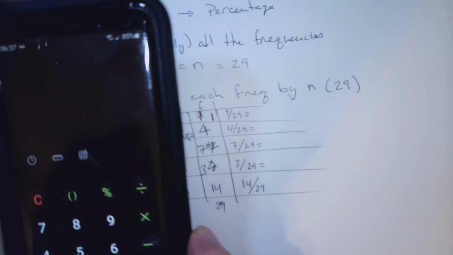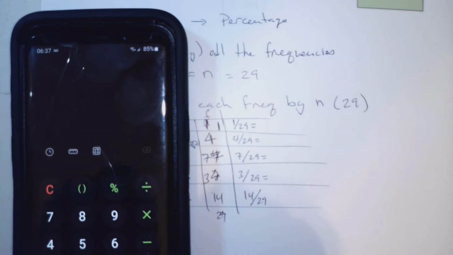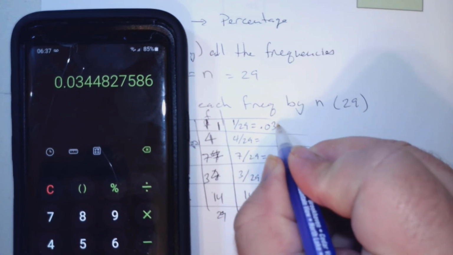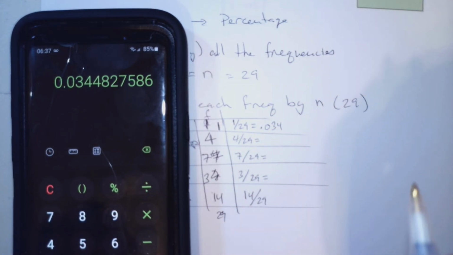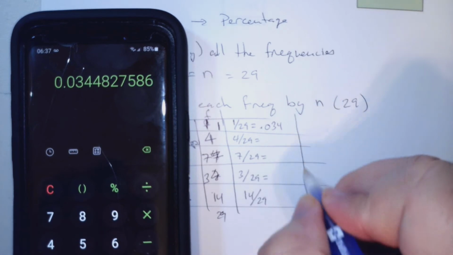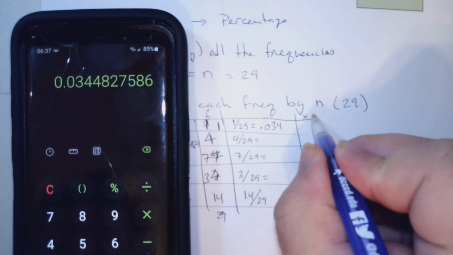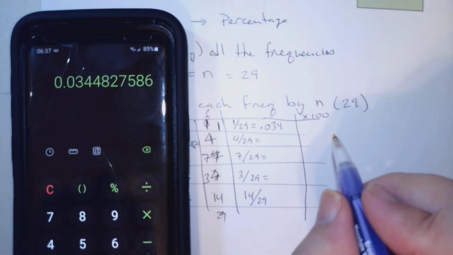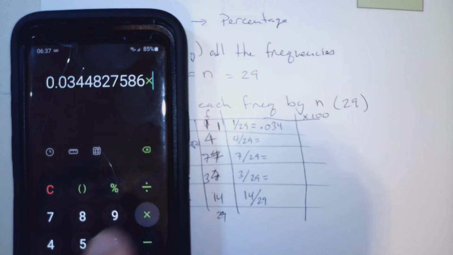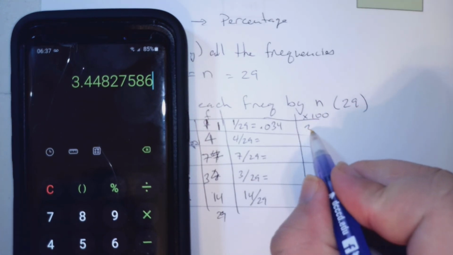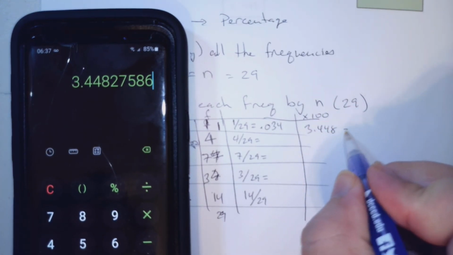So we have 1 divided by 29 equals 0.034. Multiply by 100. So you get 3.448.